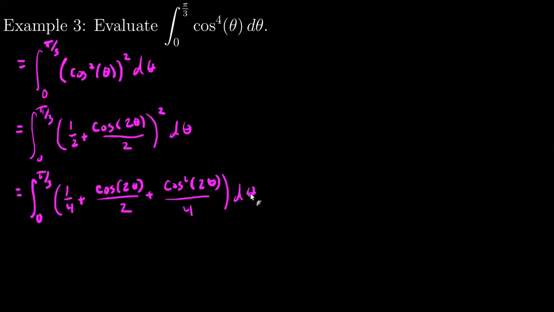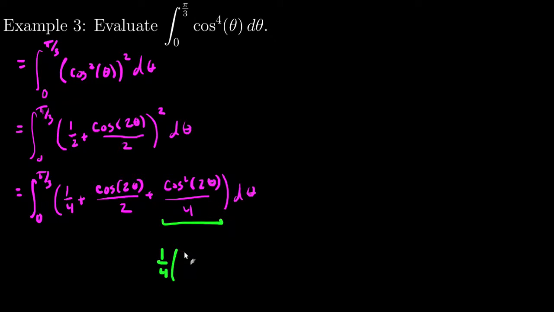And now you notice 1/4 is good, cosine of 2 theta over 2 is good, but cosine squared is bad, so I need to deal with this. And I will, like before, take the 1/4 out and deal with the cosine squared of 2 theta.